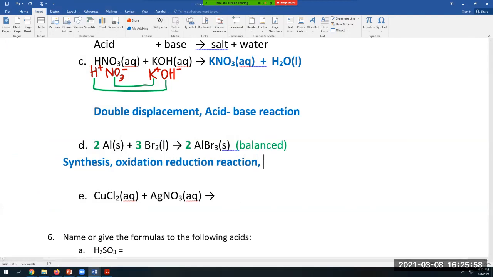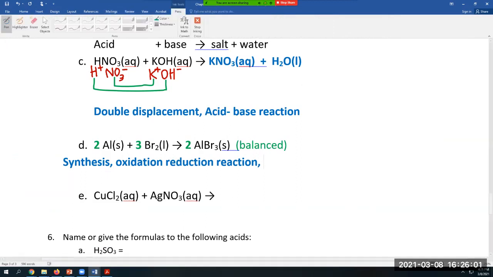And so again, when we have elements in their elemental state, like here, aluminum as a metal is in its elemental state. So that's going to be an oxidation state of 0 for the aluminum solid on the left. Bromine is one of these diatomic elements that makes a diatomic molecule. So it's bromine in its elemental state here, and that's again an oxidation state of 0. AlBr3 is an ionic compound. So then we need to find what kind of ions we have there.